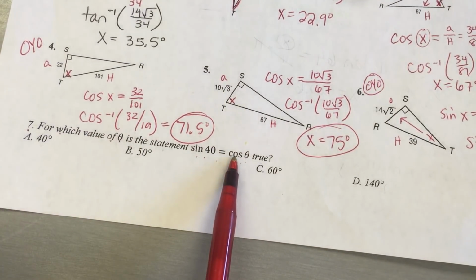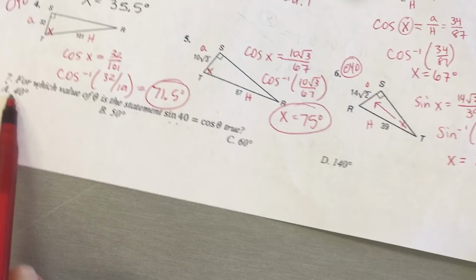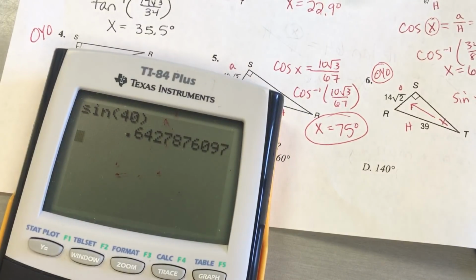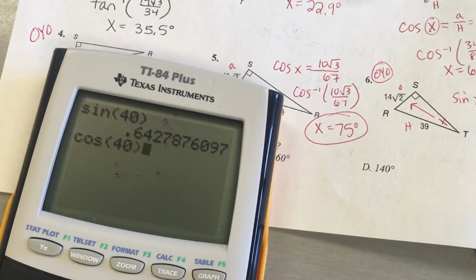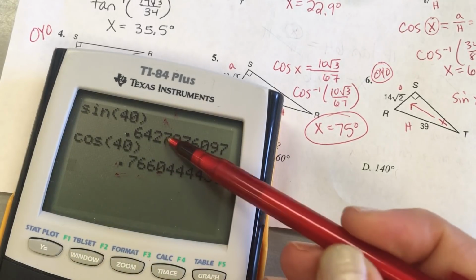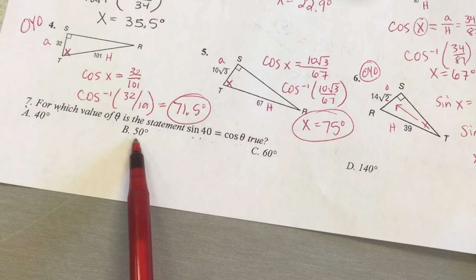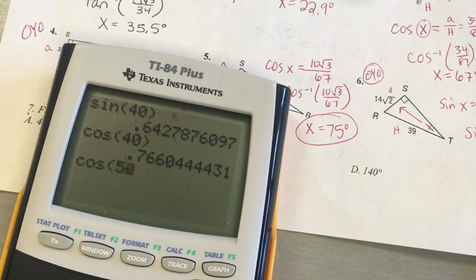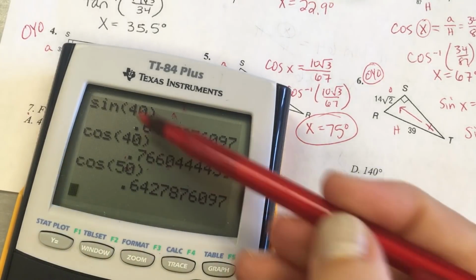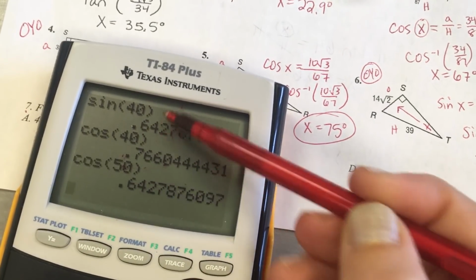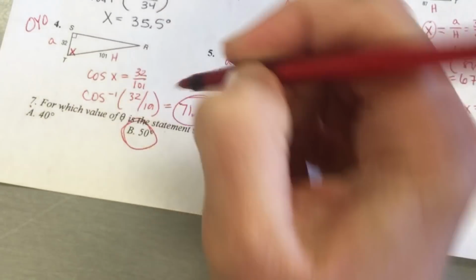Now let's do cosine, and we'll start with answer choice A, which is 40. So we'll do cosine 40. Do you get the same thing? No. Now let's try cosine of 50. Does that match sine of 40? Yes, those are equal, so your answer is B.